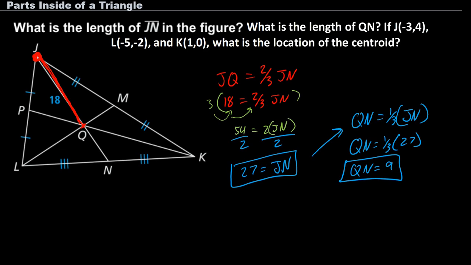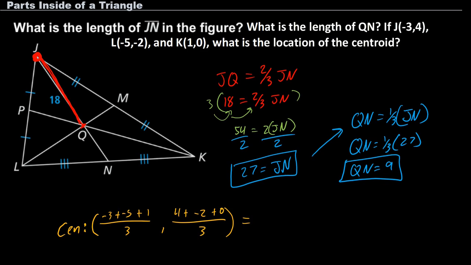Now it says if J, L, and K are where these coordinates are given, what's the location of the centroid? So the centroid is located at my x values, -3 plus -5 plus 1 over 3, and my y values of 4 plus -2 plus 0 divided by 3.